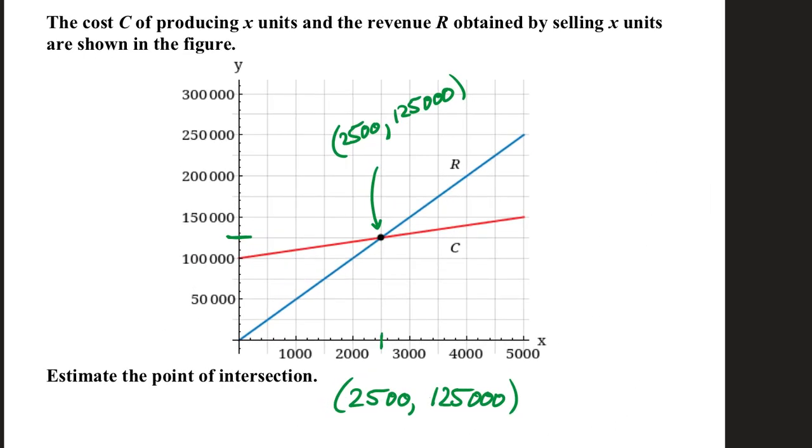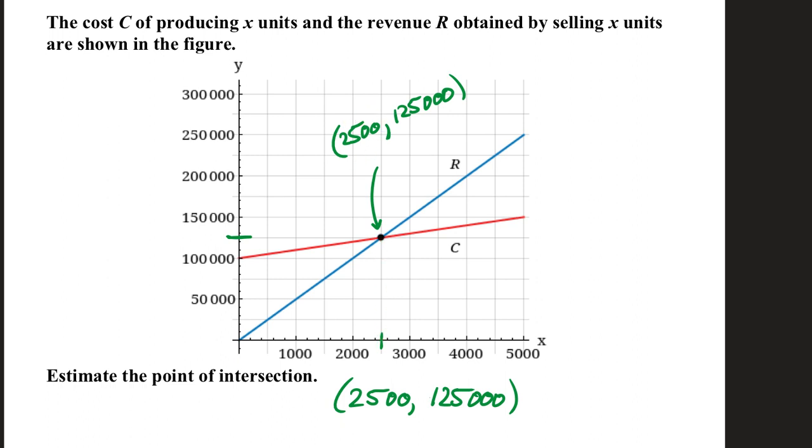The cost of producing X units and the revenue obtained by selling those units are shown in the figure. The cost function is the red line and the revenue function is our blue line. Estimate the point of intersection. So in class, you guys said, well, the X value is about 2,500.